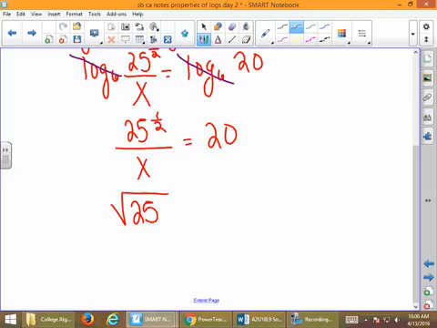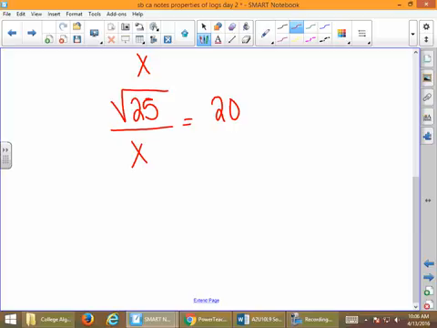We don't have to write the 2. So 25 to the 1/2 power is the square root of 25. And what does the square root of 25 equal? Equals 5. So we have 5 over x equals 20. And by the way, the answer is not 4 to this problem. Just in case you're thinking that it is, it's not.